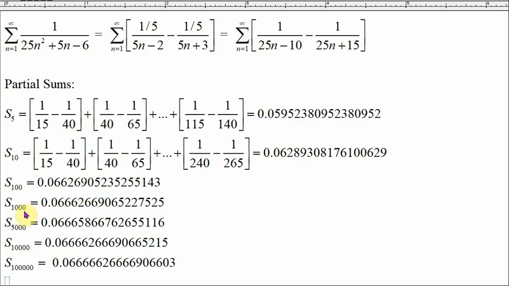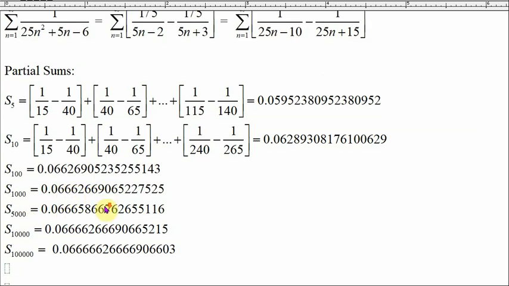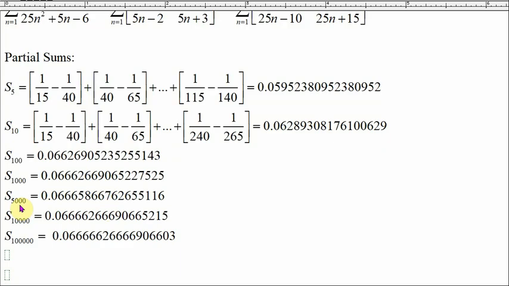The sum of the first 1,000 terms is 0.0666269. The sum of the first 5,000 terms is 0.06665866. The sum of the first 10,000 terms is 0.06666266. And then the sum of the first 100,000 terms is 0.066666266.